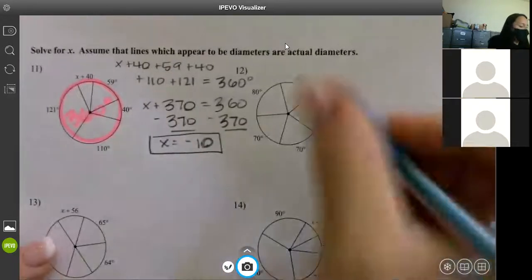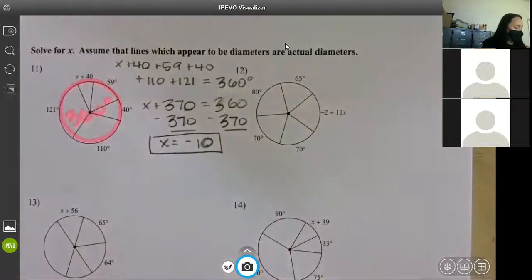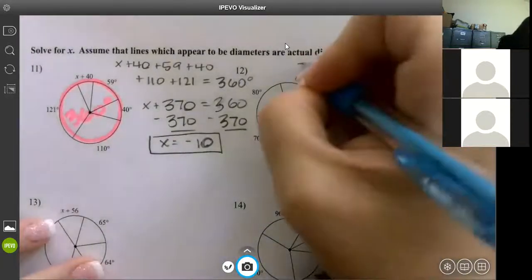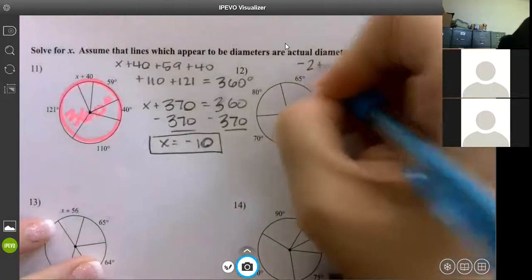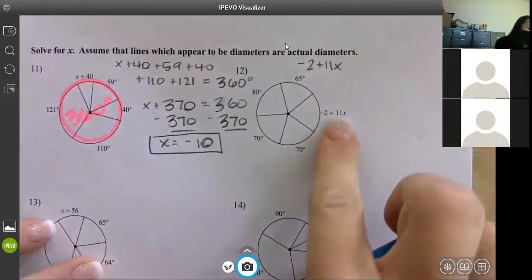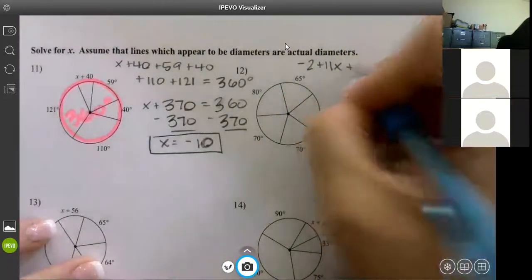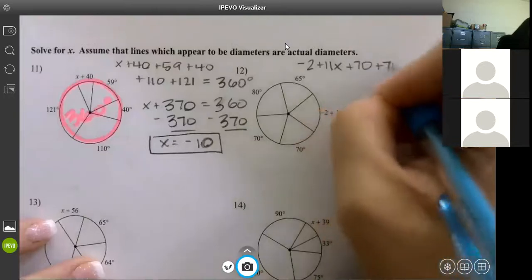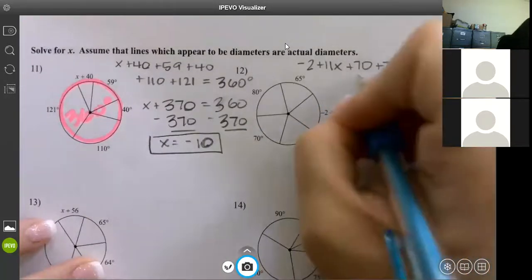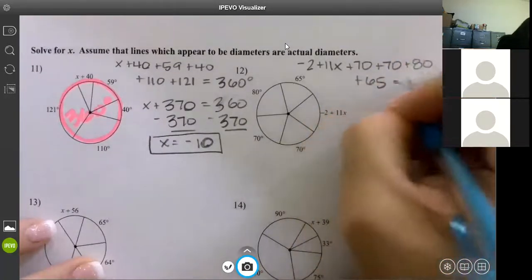Again, same thing. How much is a full circle? 360. So I'm going to add them all up. And again, I don't expect you to show this all in your homework. I'm going to start here, negative 2 plus 11x. I'm going to go counterclockwise, plus 70, plus 70, plus 80, plus 65 equals 360.